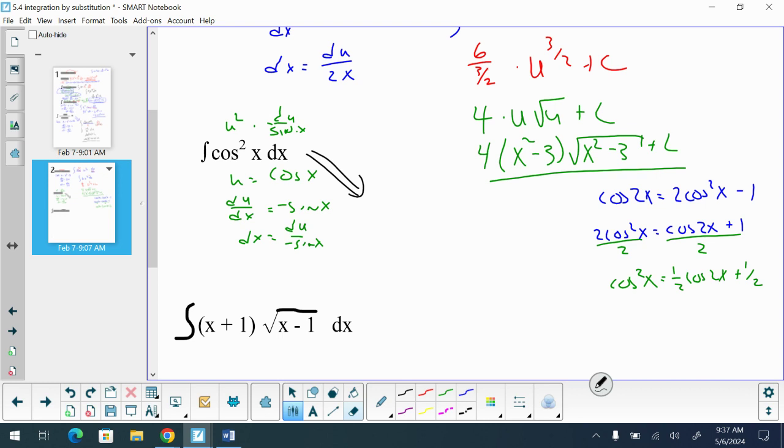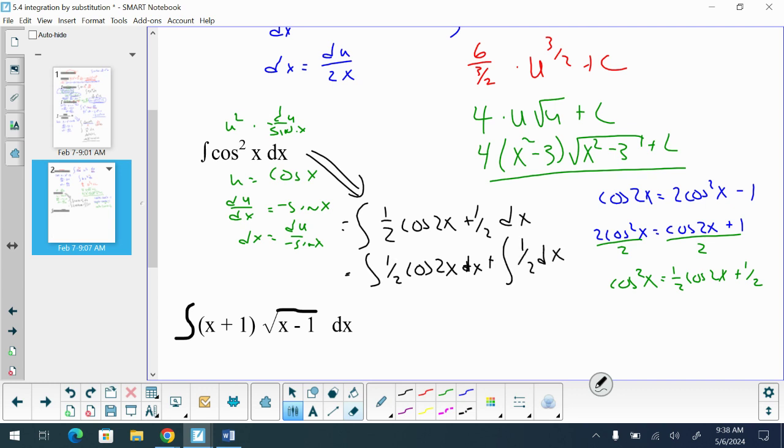So we can then, if we need to, rewrite this as the antiderivative of 1/2 cosine of 2x plus 1/2 dx. Which once again tends to be confusing because we're going to have to deal with substitution here. This we don't have to. So we can also rewrite this as the antiderivative of 1/2 cosine of 2x dx plus the antiderivative of 1/2 dx.